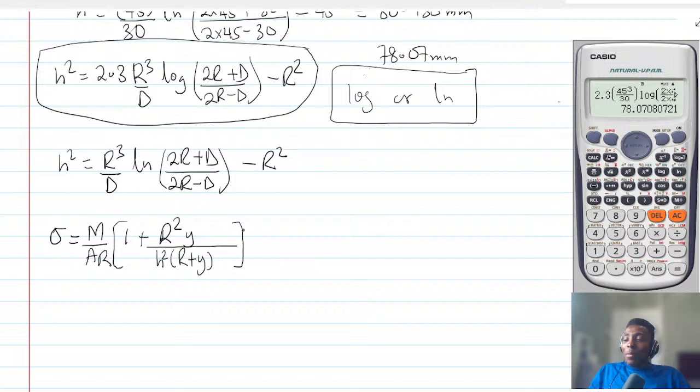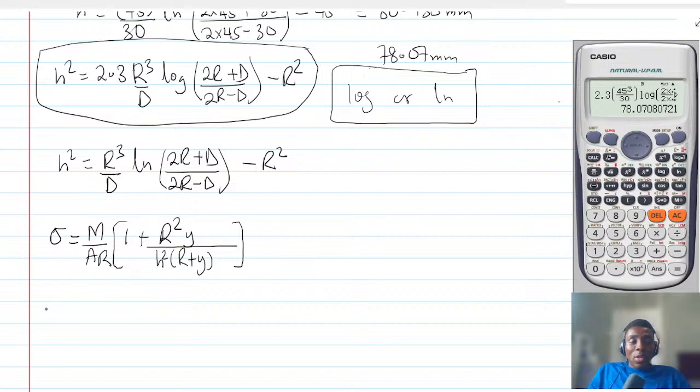Basically, if you look at this formula here, the h squared, that is why we are suffering. This formula is supposed to be simple and straightforward, but we are suffering all because of the h squared, because that is the link radius.